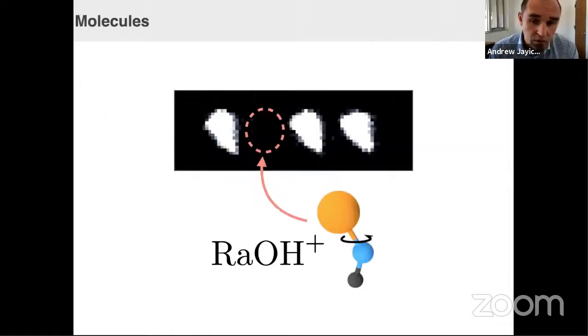Okay, so what can we do with that? Well, we knew that we could make these types of molecules, or at least we thought we were making these types of molecules. So this is a Coulomb crystal of 4 ions. 3 of them are laser cooled radium ions, these bright blobs, and this is a RaOH plus molecule, so kind of our first precision measurement target.